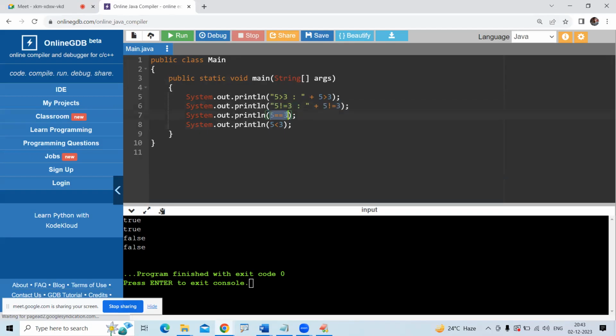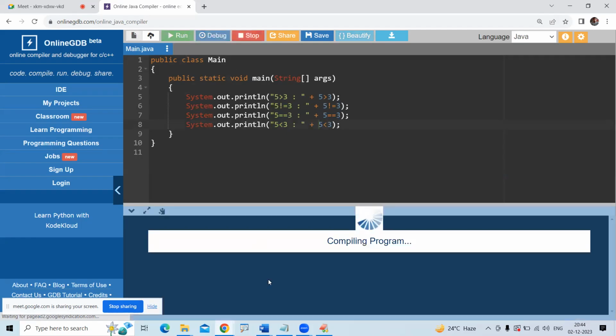With the double quotes, I just want to display what we are doing, followed by a colon.